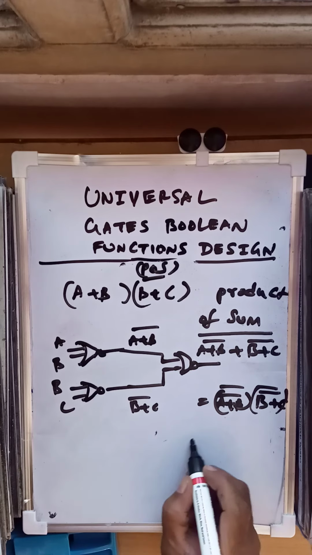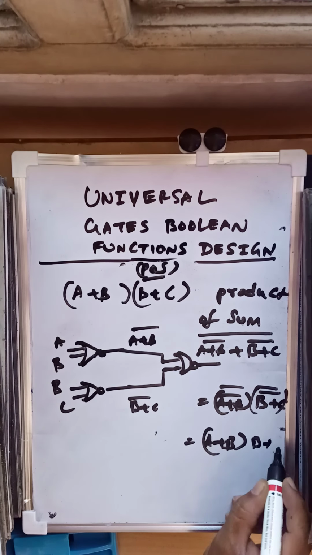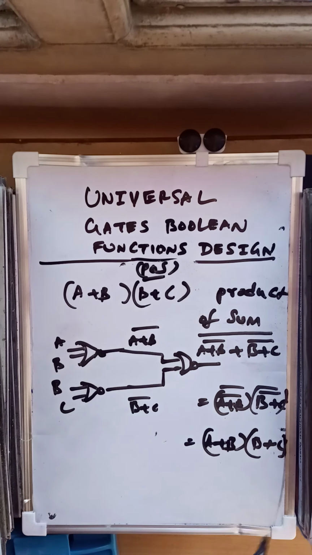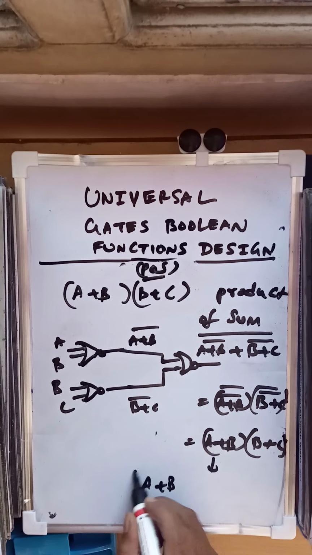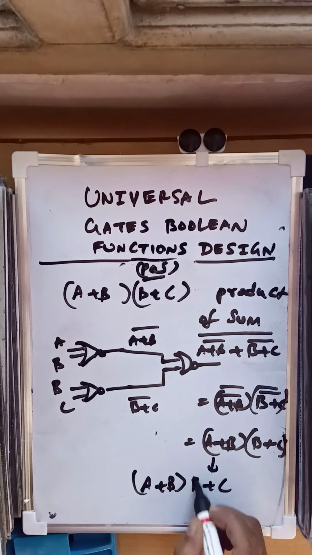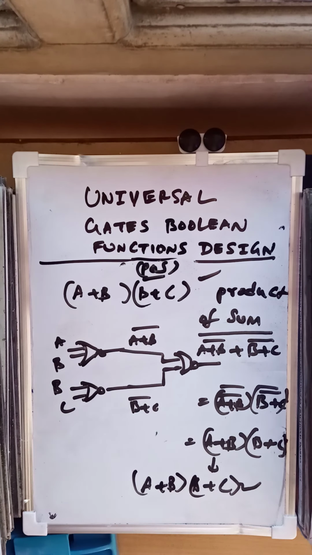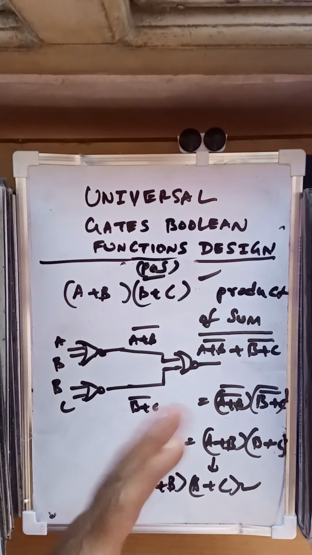So this means A plus B and this means B plus C. So once again I am writing A plus B plus B plus C. Now this is equal to this. Thus we can implement the product of sums using simple NOR gates.